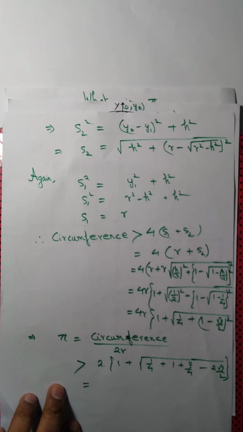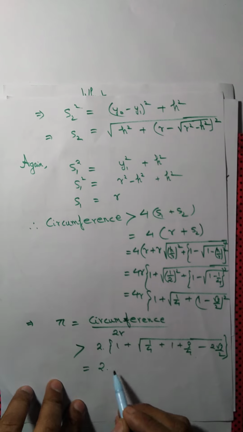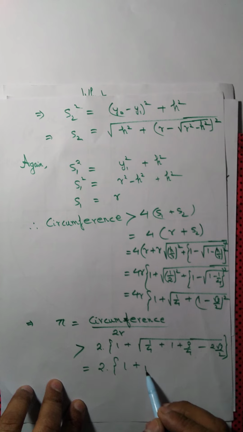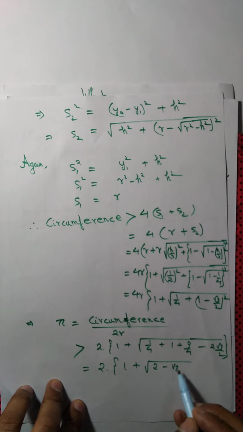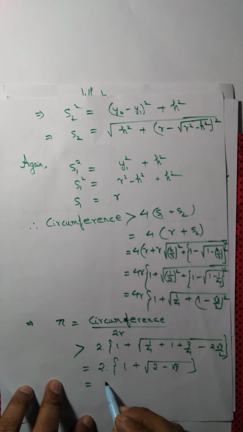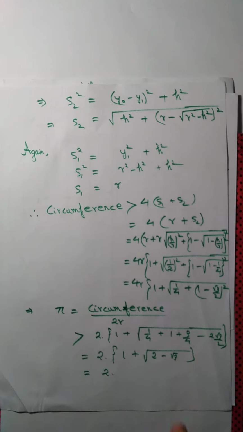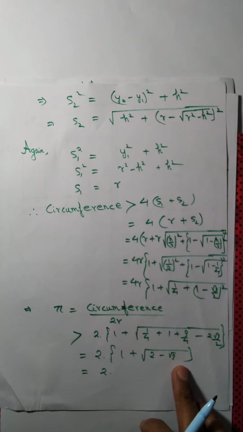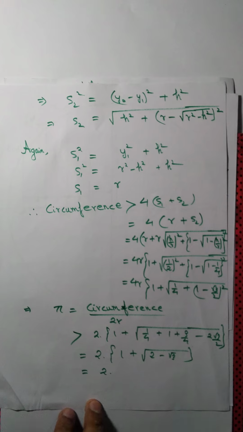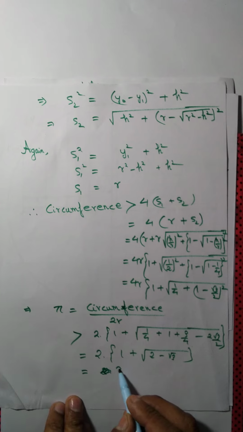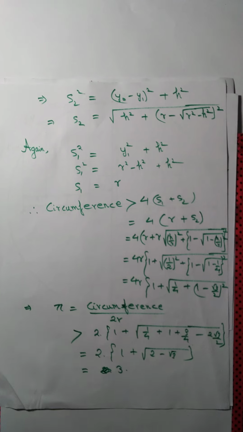We can simplify it more, and that is equal to 1 plus root over 2 minus root 3, and that is equal to 2 times, root 3 is approximately 1.7, 2 minus 1.73, so you will get 0.6, 1.6, somewhere roughly 3 point something. So we observe that pi is greater than 3.